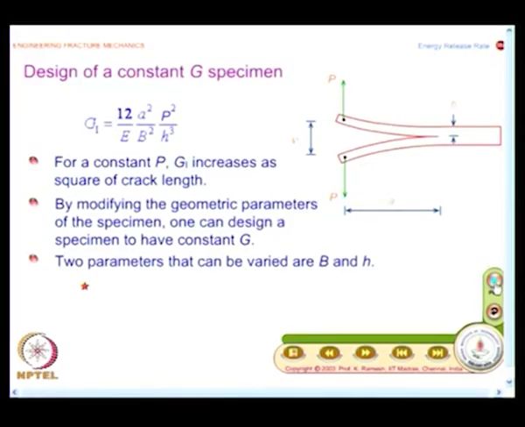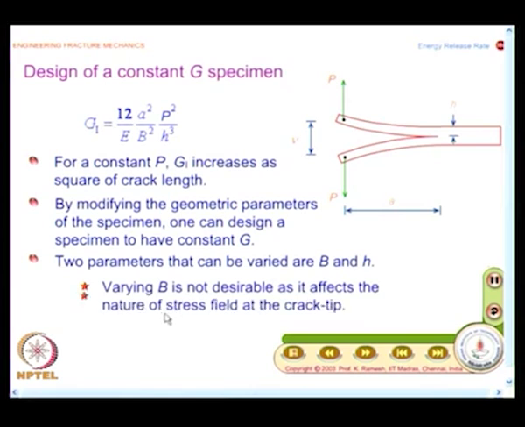So, by varying the thickness you are varying the stress state in the vicinity of the crack tip. So, it is not desirable. Of the two parameters B and H, if you vary the thickness, the stress state itself changes at the crack tip, so it is not desirable to change B. On the other hand, you can vary the height. In this fashion, we will not alter the stress field at the crack tip, that is the advantage.